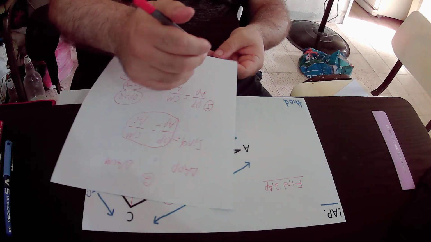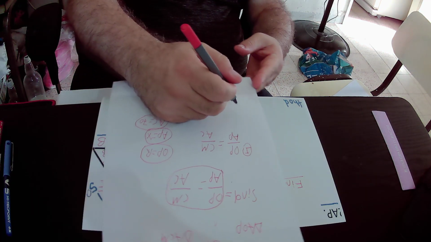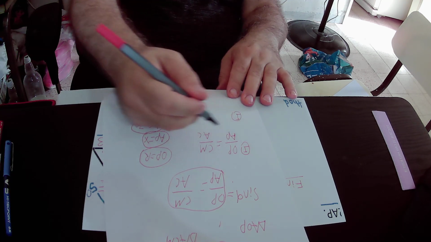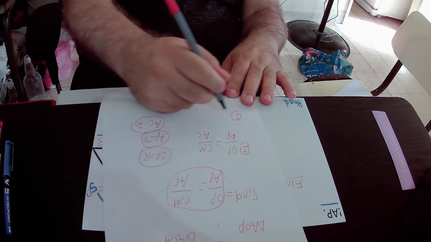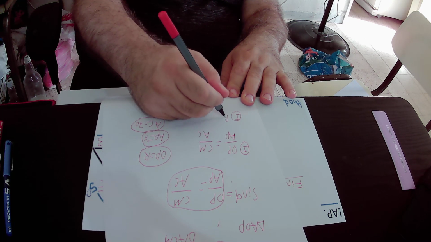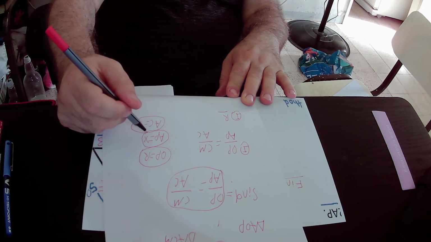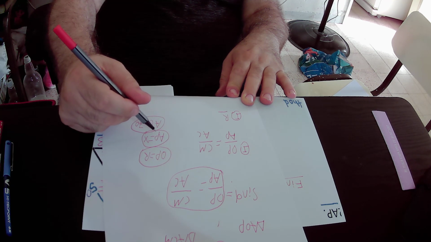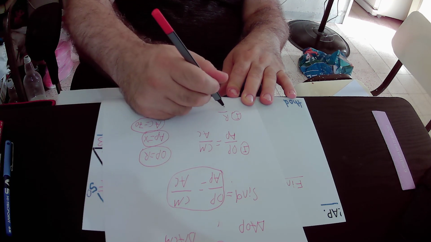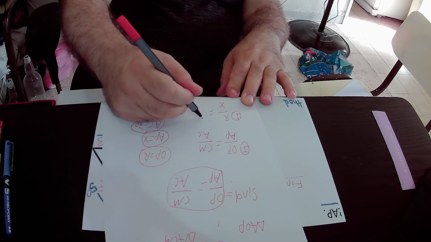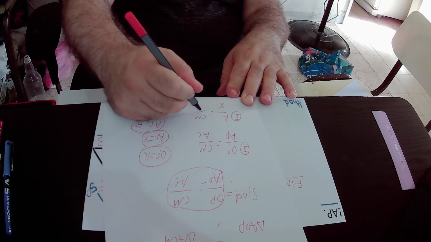So in equation 1, instead of OP, we'll write R because OP equals R. Instead of AP, we'll write X because AP equals X. Equals CM, we will leave CM as it is, over AC.